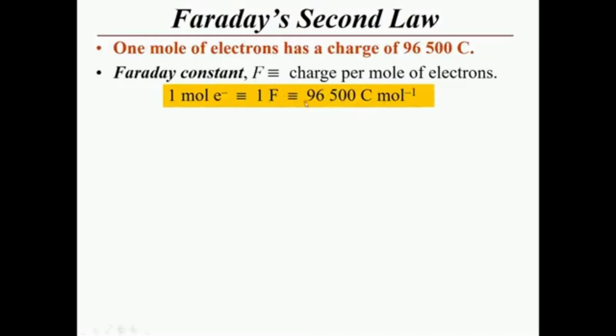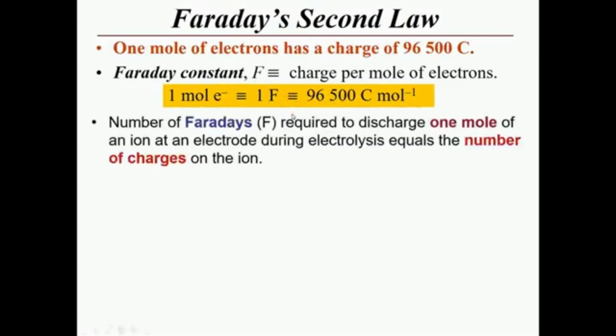This is Faraday's constant F, 96,500 coulombs per mole. The number of Faradays required to discharge 1 mole of an ion at an electrode during electrolysis is equal to the number of charges on that ion.